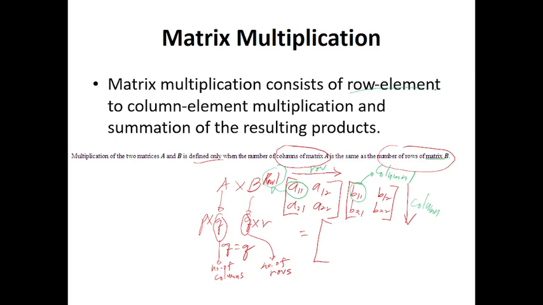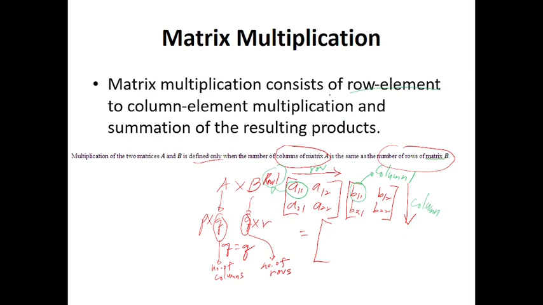Consists of row element. So, your reference is row 1, for example. Okay? This is a row element. To column element, the reference is column 1. So, this is now the column element. Okay?